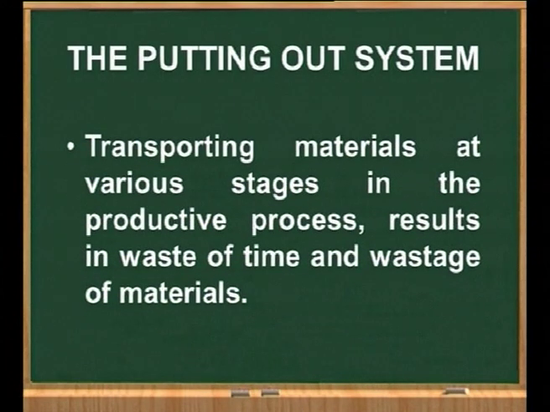From the point of view of the entrepreneur, the social relations of work in the putting out system had serious defects. Transporting materials at various stages in the productive process results in waste of time and wastage of materials.